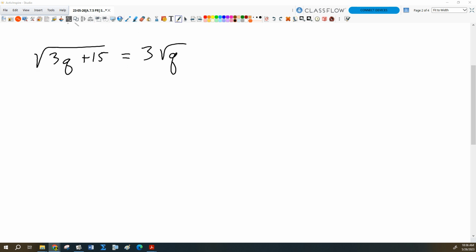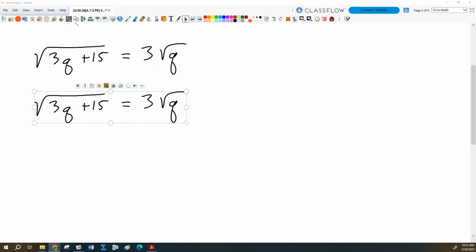Good? Okay, now what would I do? Square both sides. Now, what's a little bit different about this is I've only got the radical isolated on one side, right? But it's not going to be a big deal. Let's see what happens if I square both sides.